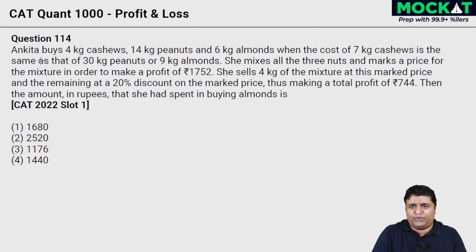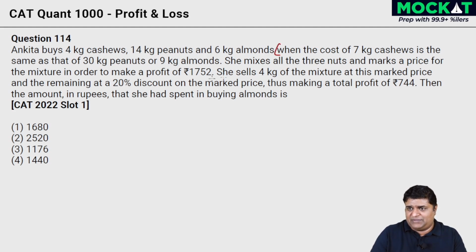On to question 114. Ankita buys 4 kg cashews, 14 kg peanuts, and 6 kg of almonds. When the cost of 7 kg cashews is the same as that of 30 kg peanuts or 9 kg almonds, right?